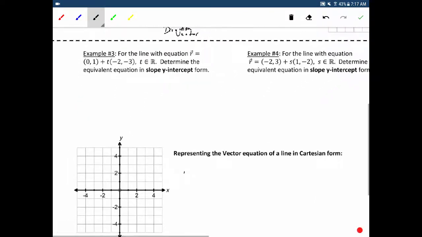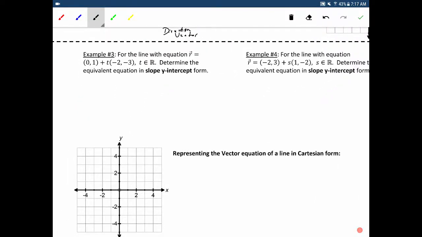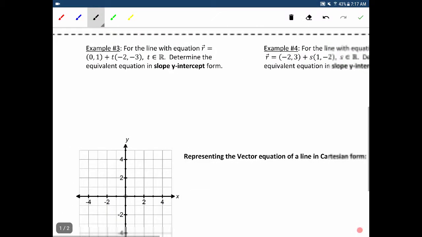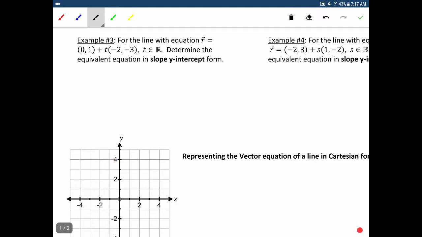Now, alternatively, we can go backwards here. This first one, example 3, is a fairly straightforward one. It gives us the point here, which is our y-intercept, 0, 1, so it goes through there, and then we have a direction vector of negative 2, negative 3, which takes us to there, and so we would just have this as our line.